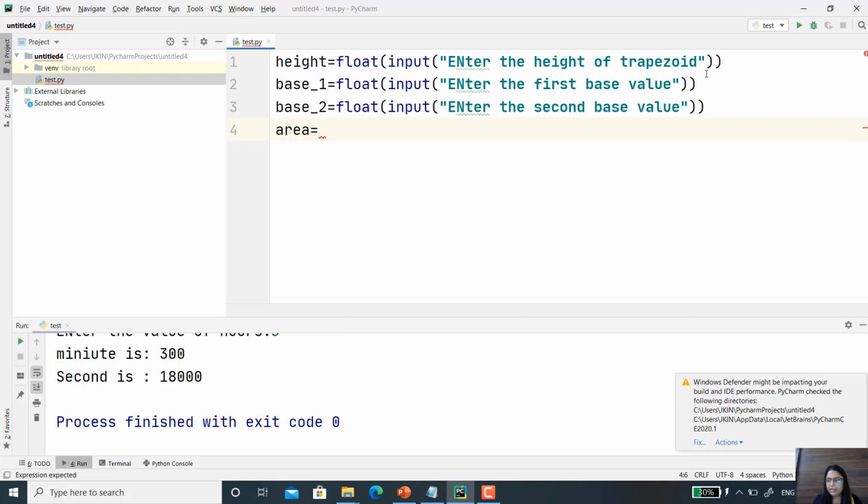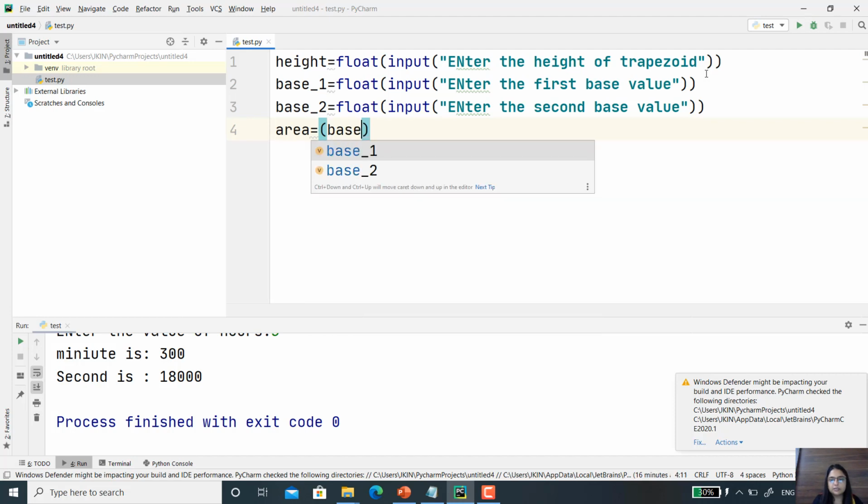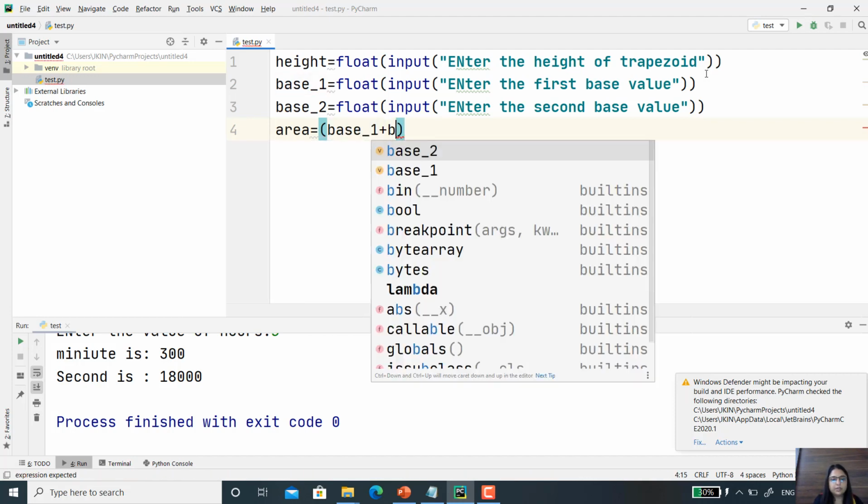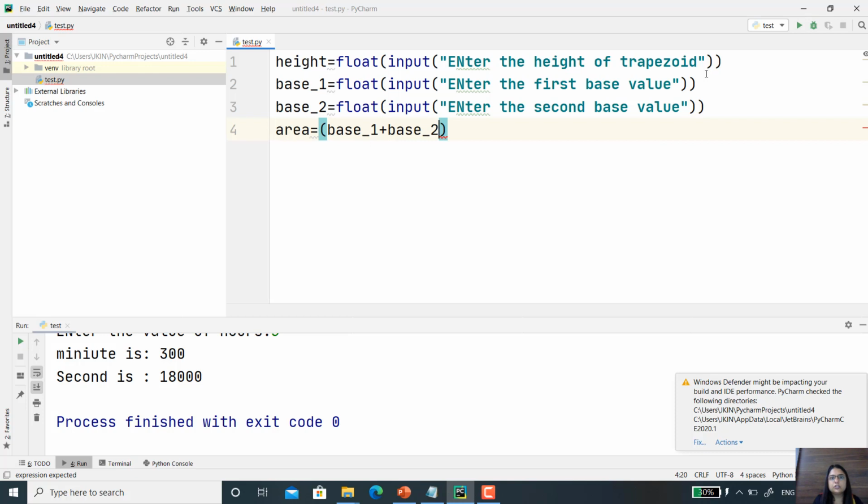So the area equals, we know that first of all we have to add these two bases, that is base 1 plus base 2, and then we have to multiply this with the height, and we have to divide all this value by 2 because it's 1 by 2 A plus B into H.